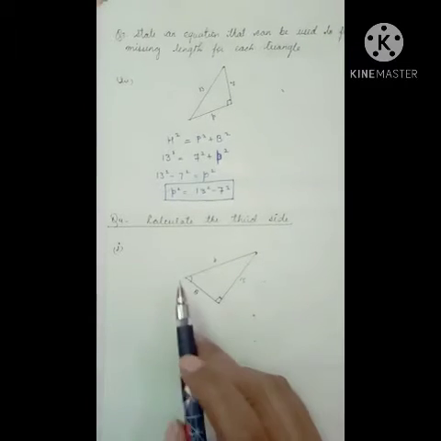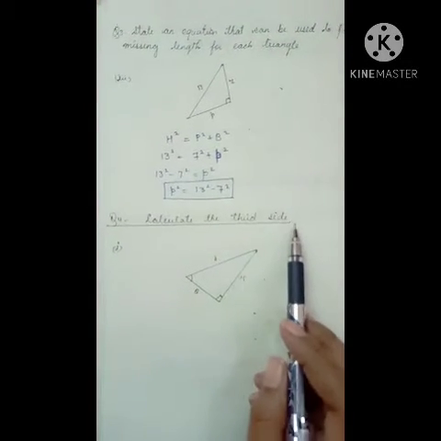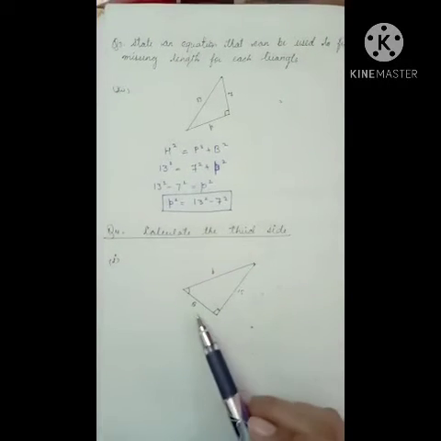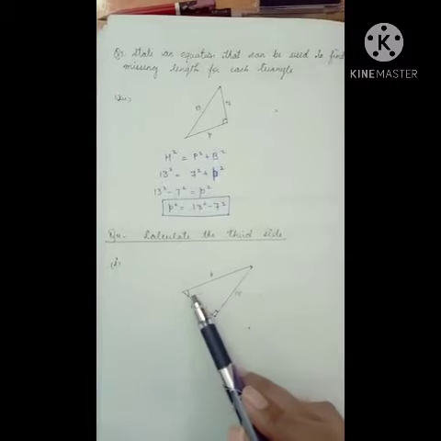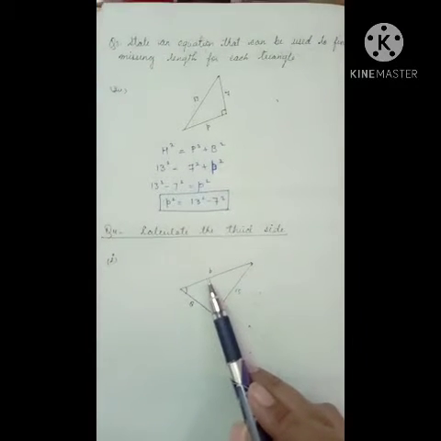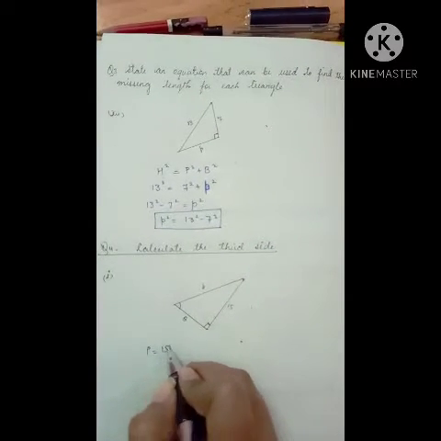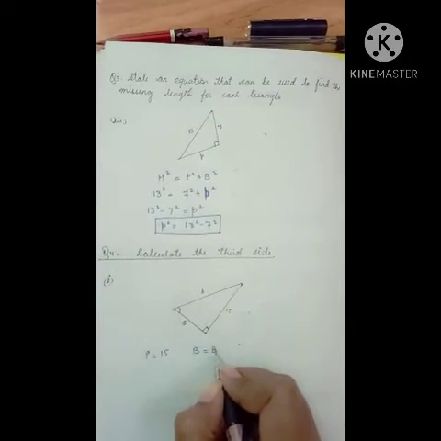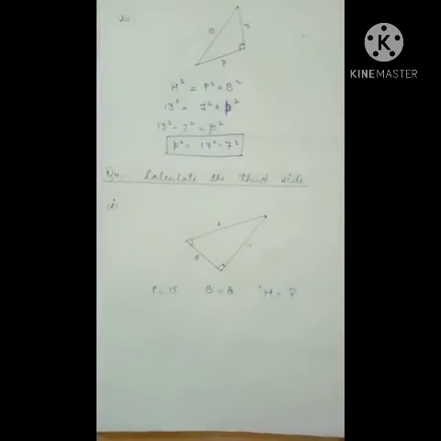Now next one, this is question number 4. Calculate the third side. So here what is given, this is base, this is perpendicular, and this is hypotenuse. It means we have to find out the hypotenuse here. What is given here? Perpendicular 15, base is equals to 8, and we have to find out the hypotenuse.